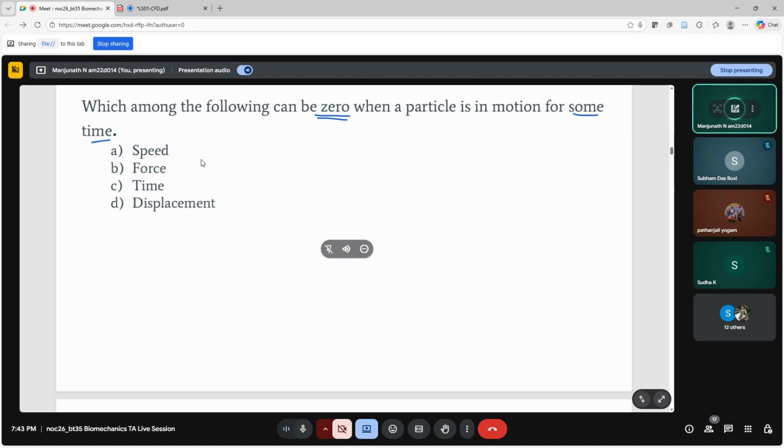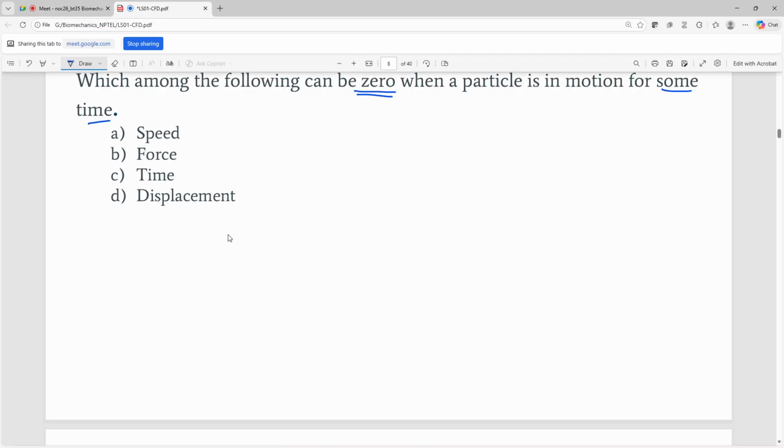Do check whether the question has multiple answers, so that you can click multiple options. If you have some doubts, try to click on multiple options. Here we have two answers, that is displacement as well as force, which can be zero when the particle is in motion. Suppose you take a pendulum.